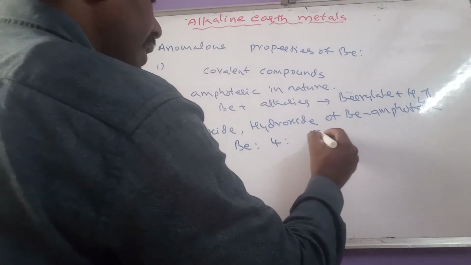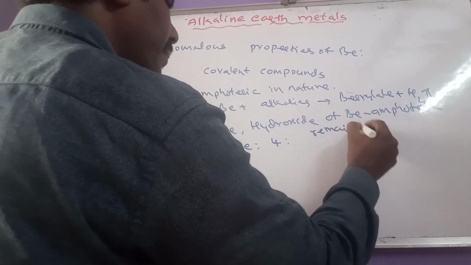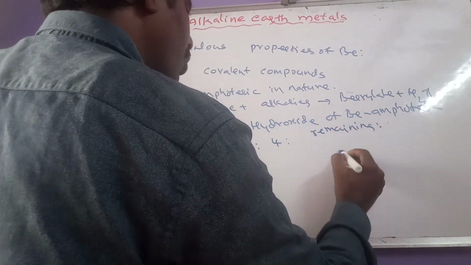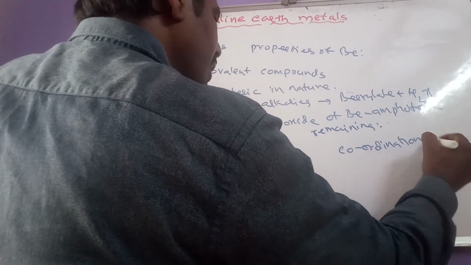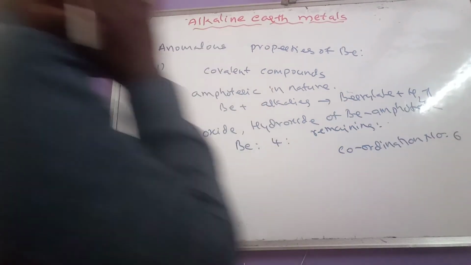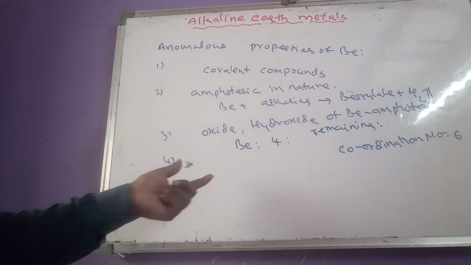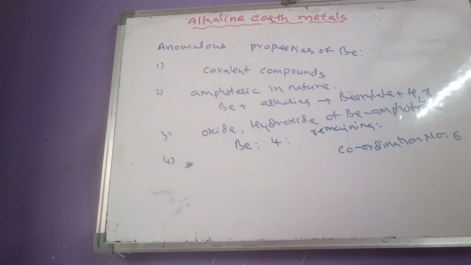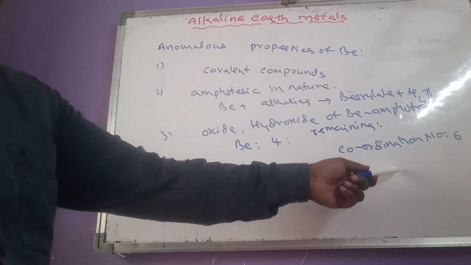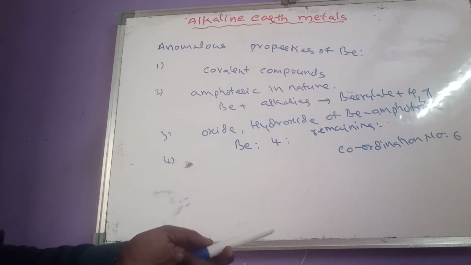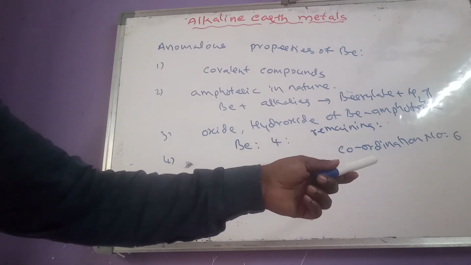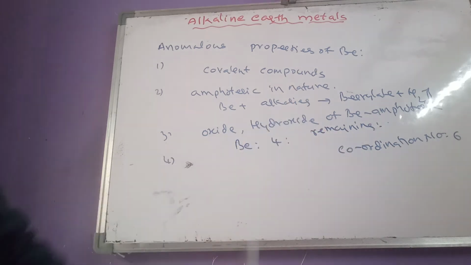But in case of the remaining elements, the coordination number is 6, whereas beryllium's coordination number is maximum 4 only. Due to the presence of vacant d orbitals, other elements' coordination number reaches 6.